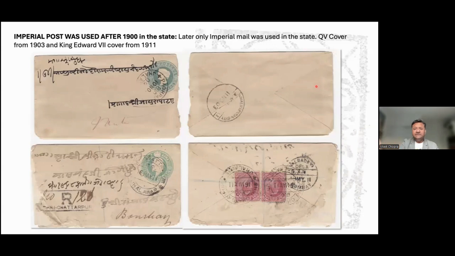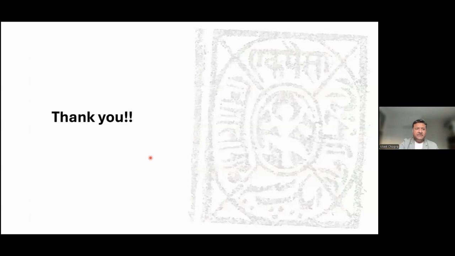After 1900, you find these imperial covers with the British India stamps which were used in Jhalawar. This is an example of a Queen Victoria 1903, as well as a later Edward VII 1911 letters which originated from Jhalawar. And that's all. I think I'm at time, and thank you for your time.